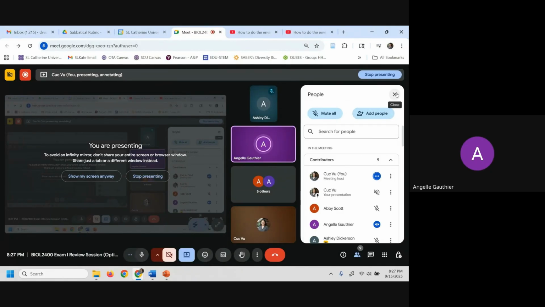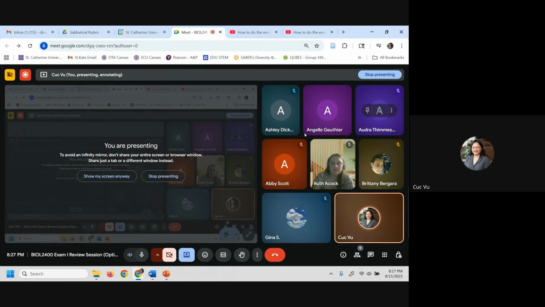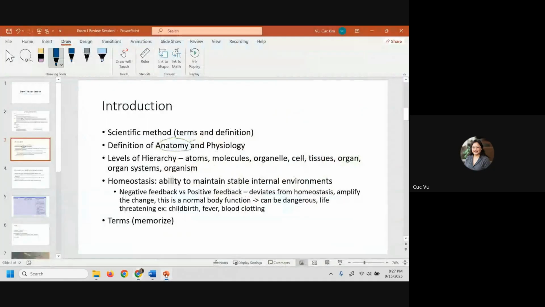So it's the study of the external and internal physical structures. Okay, wonderful. Sorry, I was a little worried. I'm like, oh no, because sometimes I get cut off. Okay, so anatomy is the study of structure. What's physiology? The study of function. Yes, ma'am.